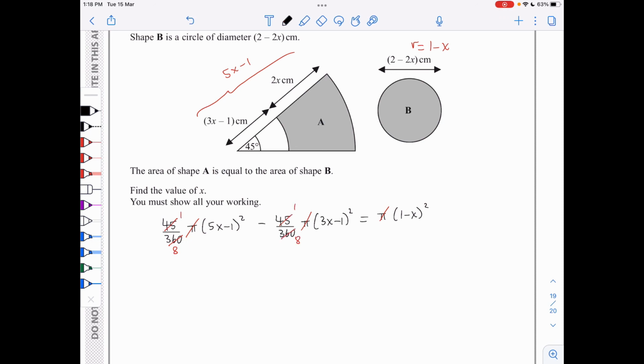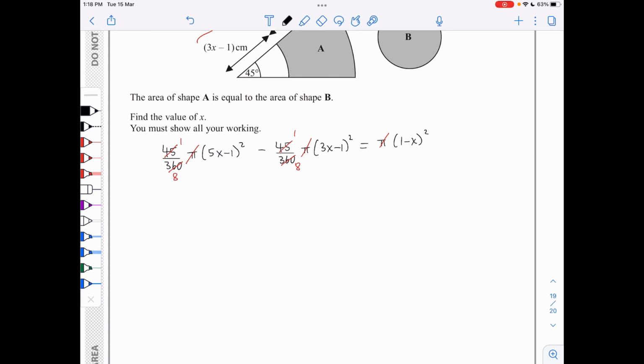I will now expand the square, so it's going to be 25x squared minus 10x plus 1 over 8 minus 9x squared minus 6x plus 1 over 8 is equal to 1 minus 2x plus x squared. Notice I'm not trying to do too many things in one go.